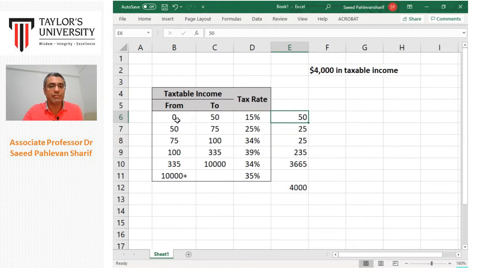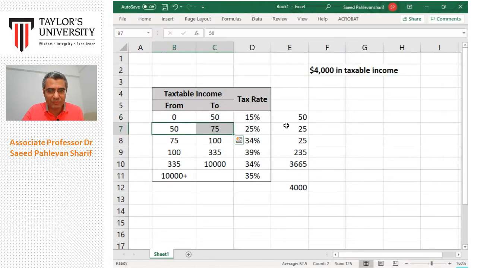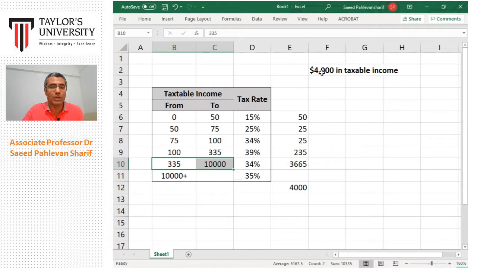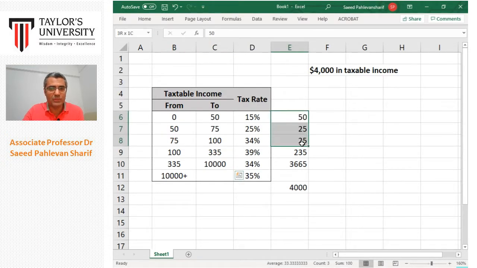How? The first $50 will be taxed at this. Then the next $25, then the next $25, then the next $235, and then the next $3,665, and in total this is 4,000. So our $4,000 is actually 50 plus 25 plus 25 plus 235 plus 3,665.